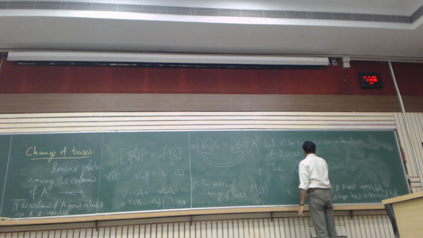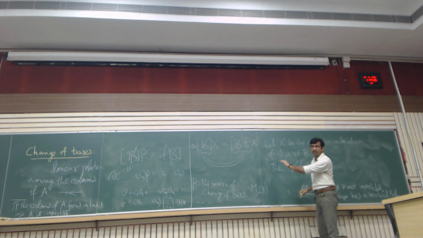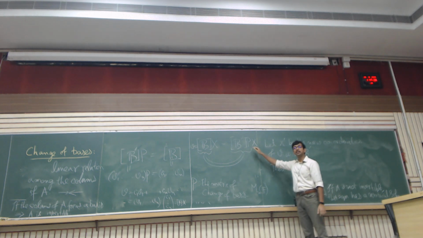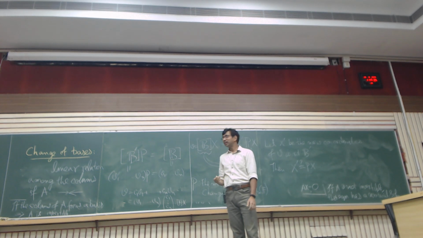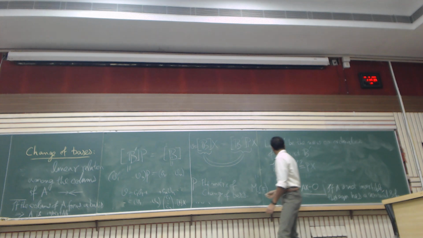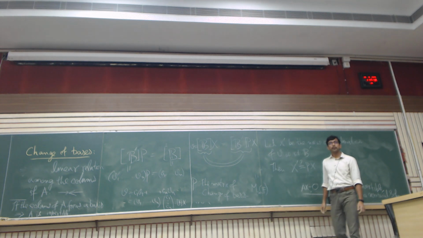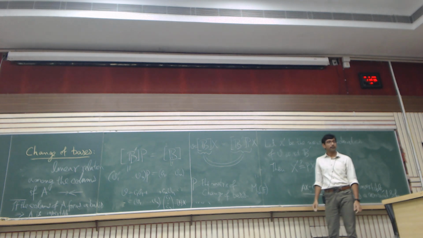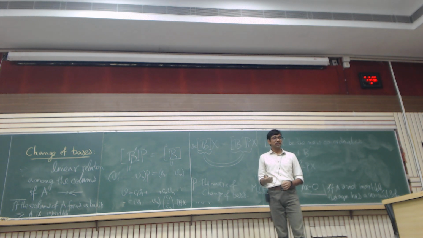So can we write that? We saw that Px would work, but nevertheless, is x dash uniquely defined as Px? Every vector is a unique linear combination of the basis elements.